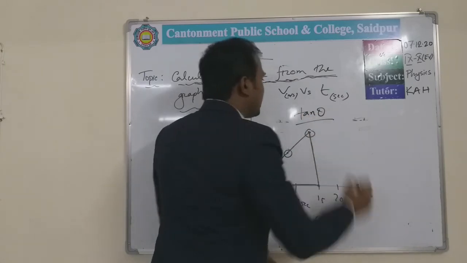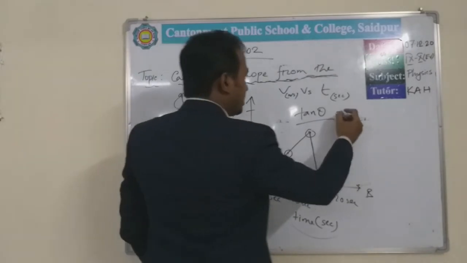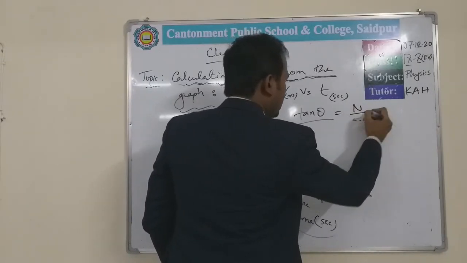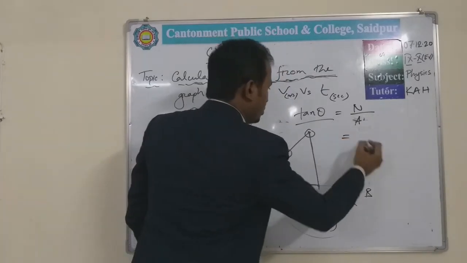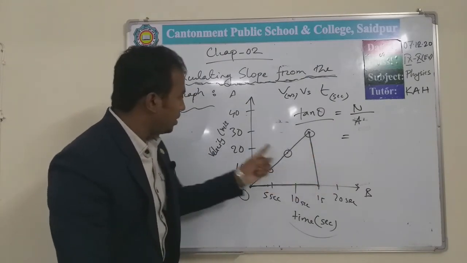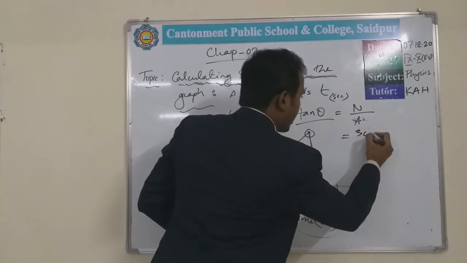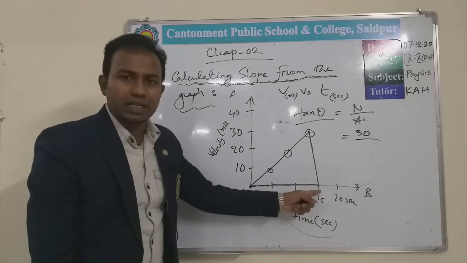Yes, my dear student, the tangent is also called the slope. Tangent means the normal by the adjacent. So what is the value of that? You can find the value of normal, that is 30. And what is the value of adjacent? 5 sec, 10 sec, 15 sec.